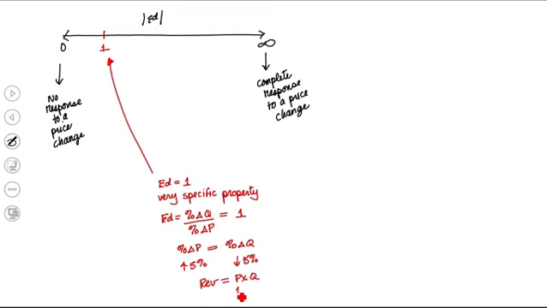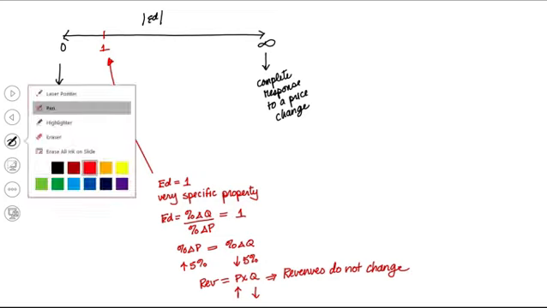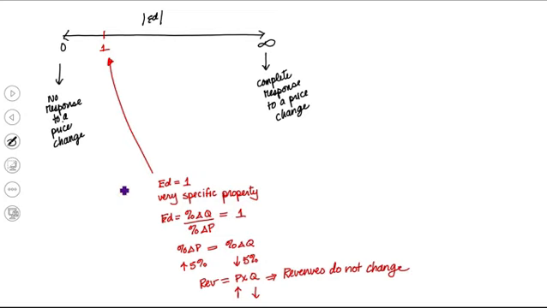If one goes up and the other goes down by the same amount, what happens to revenues? They don't change. Good. So revenues do not change. You with me here? So elasticity of demand equal to 1 has a unique property, and that makes it an interesting place to divide. So we divided at 1.